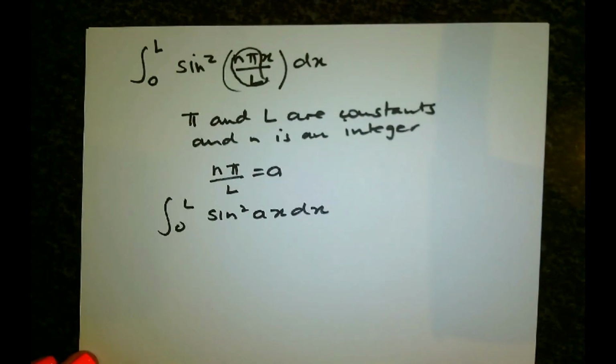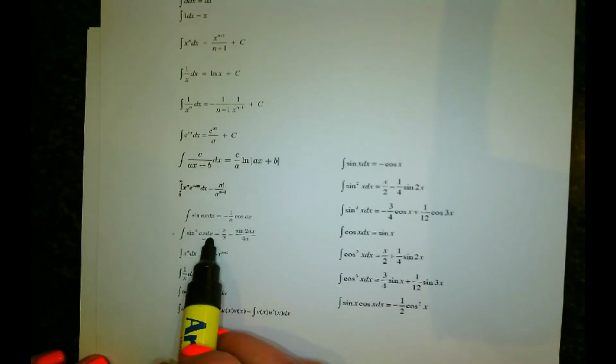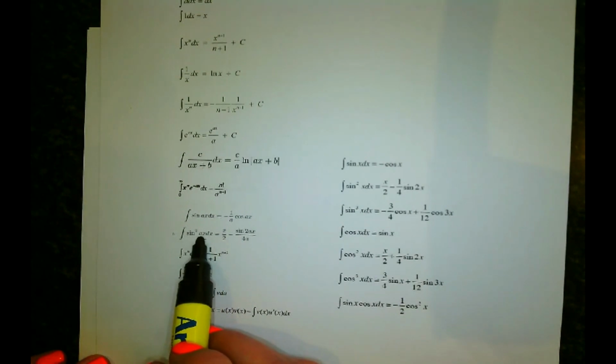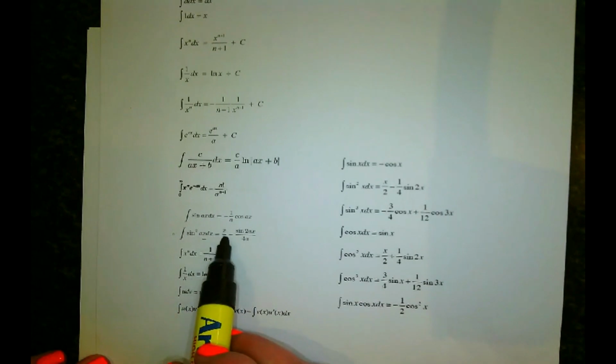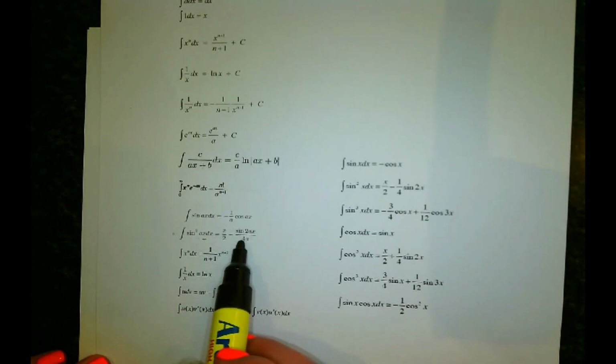So if you look at your data sheet, you will find that there's an integral for that function. Integral of sine square ax dx is x over 2 minus sine 2ax divided by 4a.